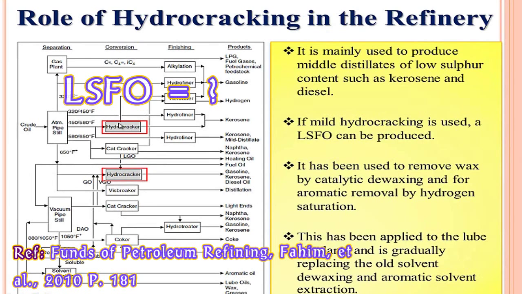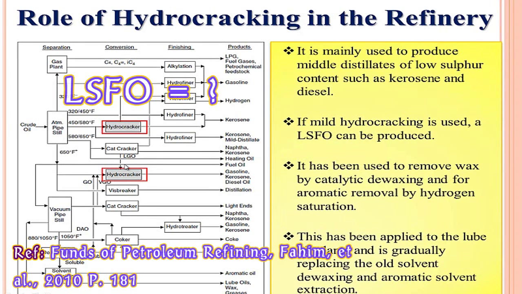Hydrocracking units are located to receive gas oil from both the ADU, atmospheric distillation unit, and the VDU, vacuum distillation unit.